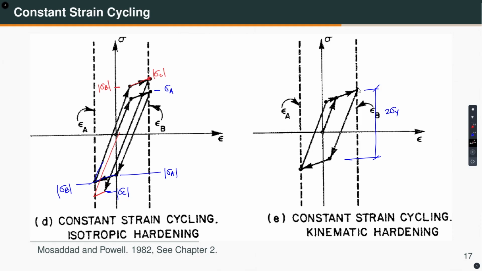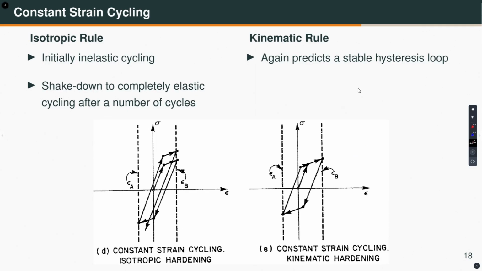That is the difference. So, in summary, with the isotropic rule, initially you get inelastic cycling, but then it shakes down to completely elastic cycling after a number of cycles, provided you have linear isotropic hardening. This does not happen for exponential isotropic hardening, which I shall show. And kinematic hardening again produces a stable hysteresis loop.